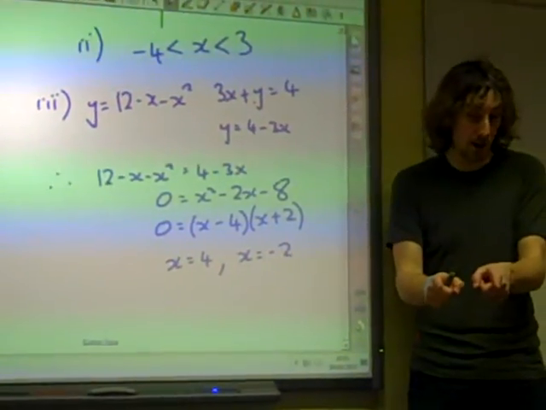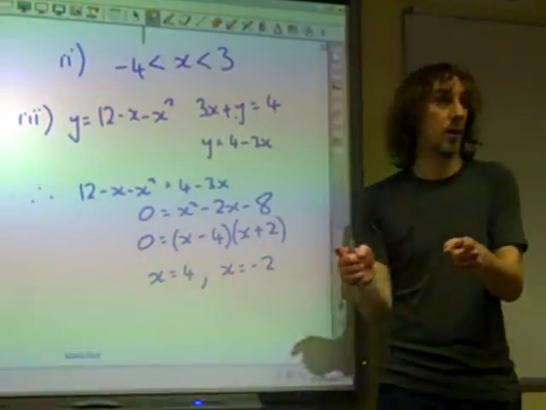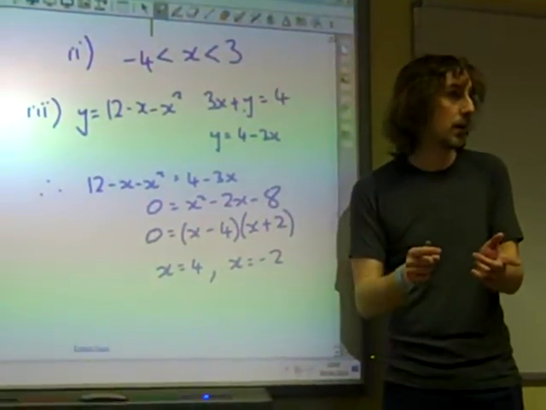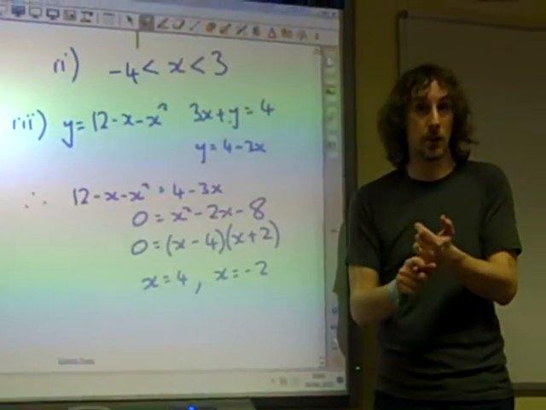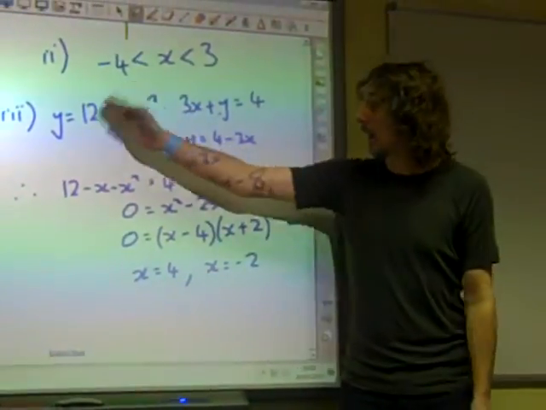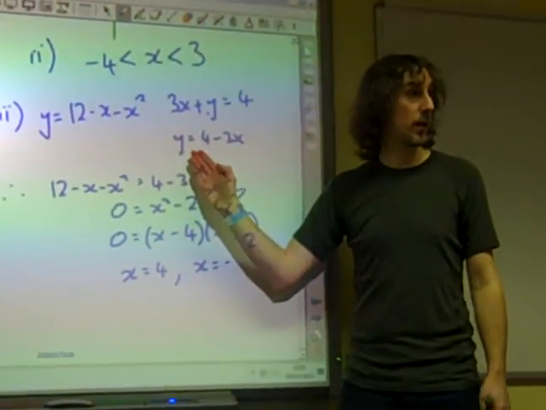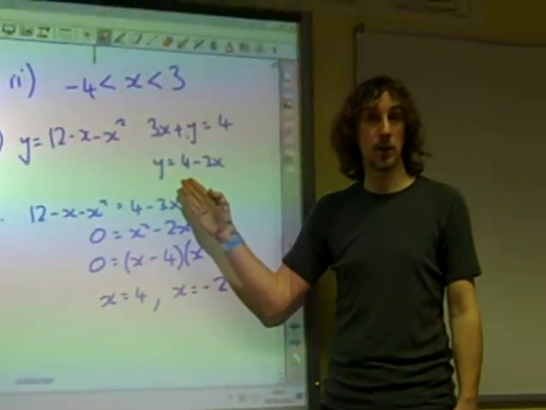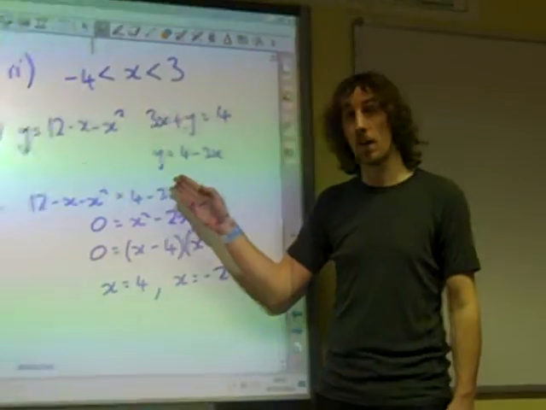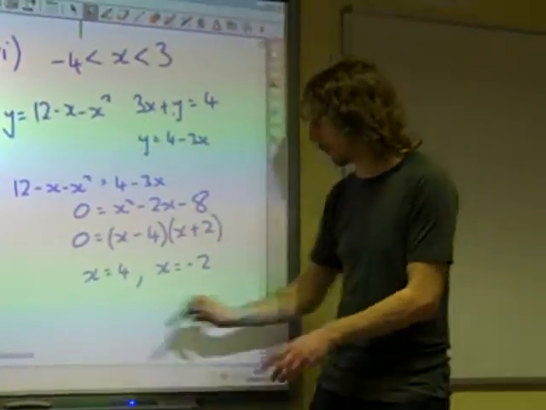The question said, find the coordinates of the points of intersection. So just having x values isn't enough, we need to go back, and either of these 2 equations should give us the same answer for the y values, but we're going to choose the one that is easier, so we're going to sub these values into that equation.